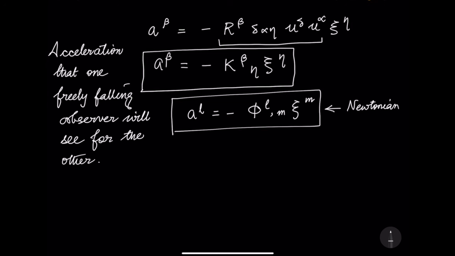So this is the relation between the space-time curvature and the potential in the Newtonian gravity. So the potential in the Newtonian gravity can be completely replaced by a curvature in space-time, and you see the curvature is zero if the potential is such that its second derivative vanishes.